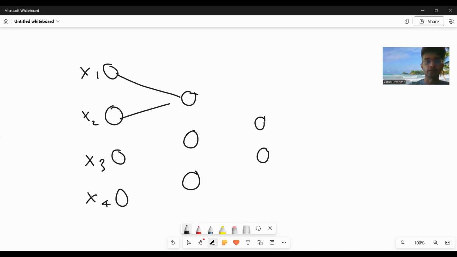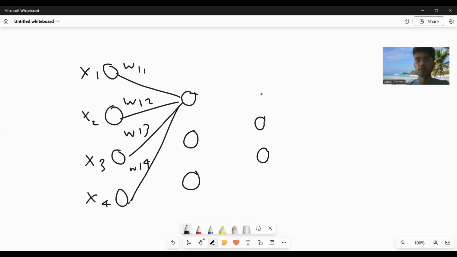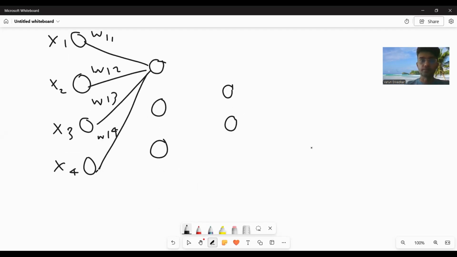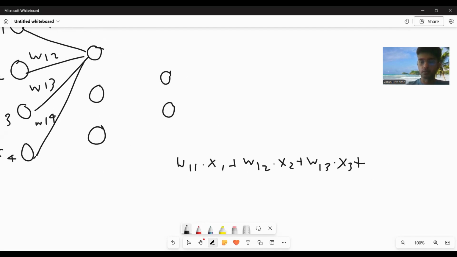So x1, x2, x3, x4 are connected by the weights, let's say w11, w12, w13, and w14. So it's a weighted product that looks like this. Basically, w11 x1 plus w12 x2 plus w13 x3 plus w14 x4.